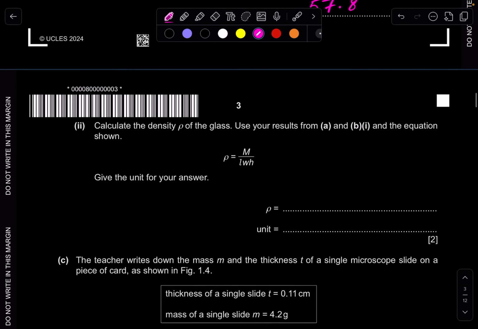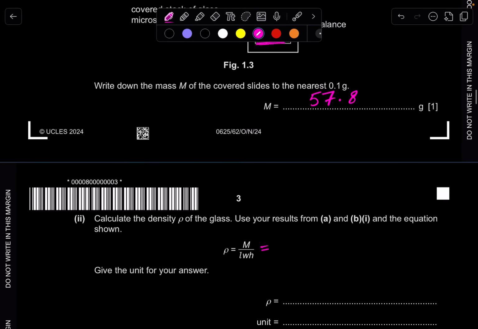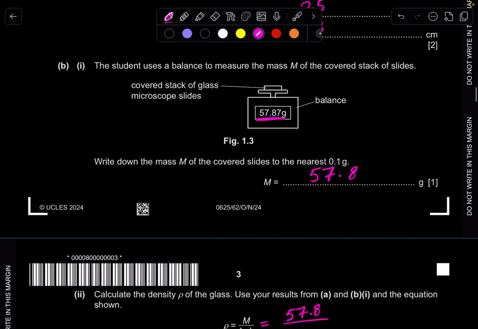In the second part of it, they're giving us this equation and they're asking us to find the value and the unit of it. So let's do it. You just have to put the values. M was 57.8 divided by length, width, and height.